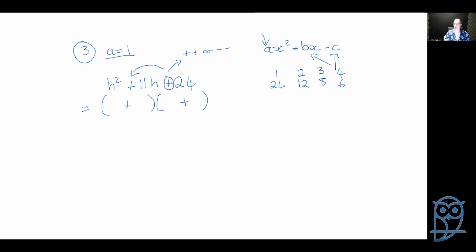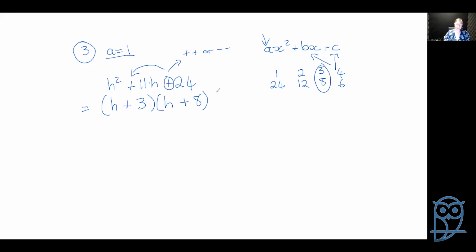And since this is a plus, we know we have to add our factors. We can already write h plus and h plus in each of our brackets. So now we also know we need to add in order to get to 11. So 1 plus 24 gives us 25. That's not it. 2 plus 12 gives us 14. That's not it. 3 and 8 gives us 11. Those are the factors we're going to use. So you can literally write them in like that.